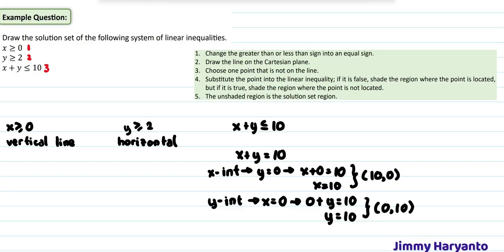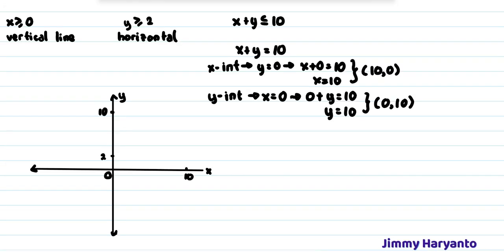Okay, next is to plot the points and then draw the lines. Let's draw the line on the Cartesian plane. First is x greater than or equal to 0. So x equals 0 means a vertical line at x equals 0. You have to locate x equals 0, which is right there, and then draw the line like this.